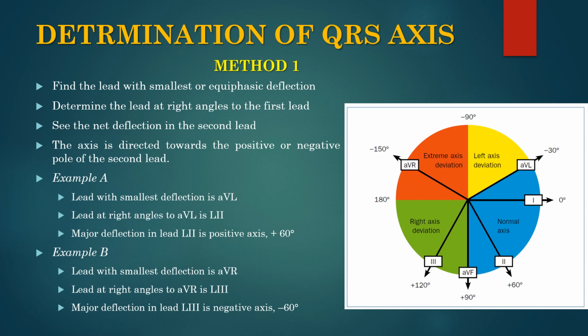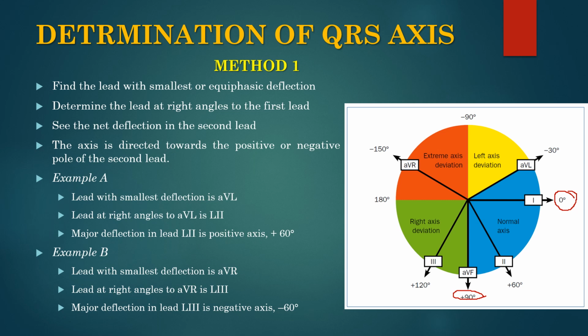the direction of the resultant vector and the viewing point of that lead. If the axis is say plus 90 degrees, and we are viewing it in lead 1 at 0 degrees, then the net deflection in lead 1 will be 0, and the deflection in aVF will always be positive.